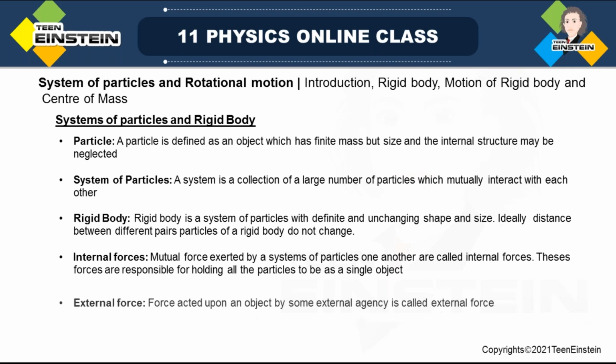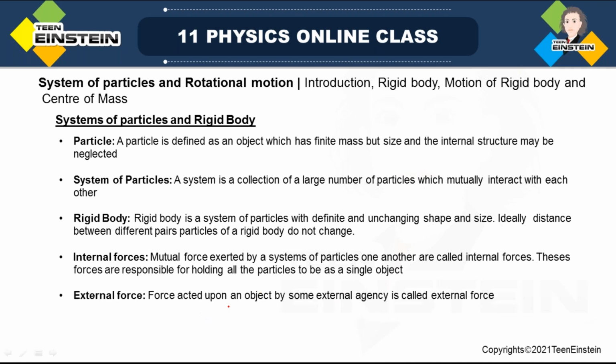Now, what is external force? External force is a force acted upon an object by some external agency. Suppose I have a rigid body, and you are hitting the object with a hammer, or you are pushing it, whatever.